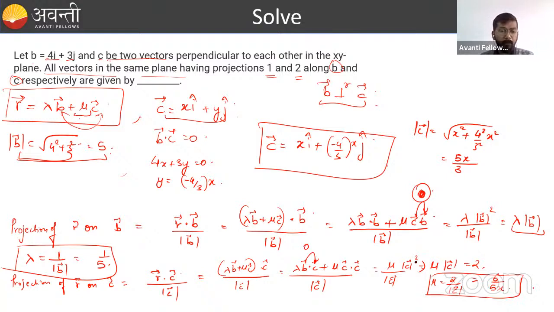Right, now we know lambda, we know mu, we just have to eliminate x somehow to find the vector r bar, right? So is there any other information that you can see here which will help us eliminate x?